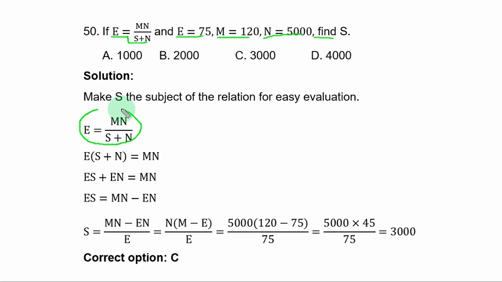If you make s the subject, you have this result. So you replace n, m, and e with what they stand for in the question. If you subtract here, you have 5,000 times 45 over 75. If you multiply and divide, you have 3,000. C is the correct option.